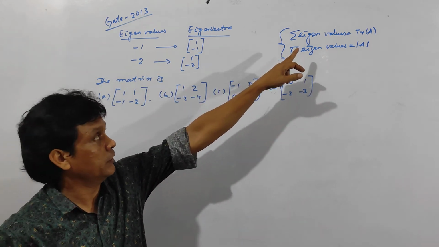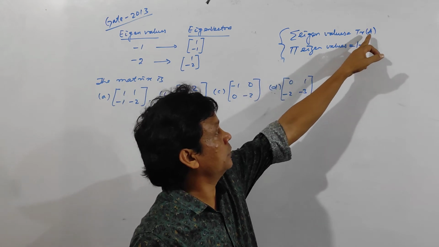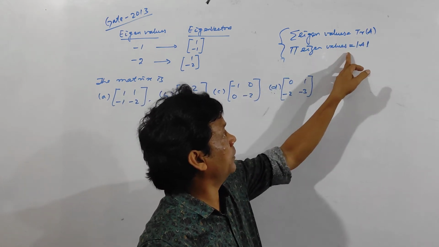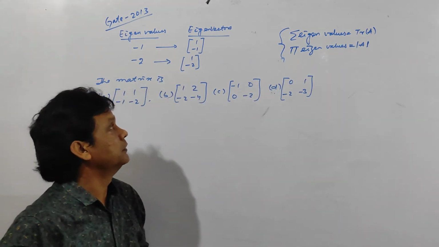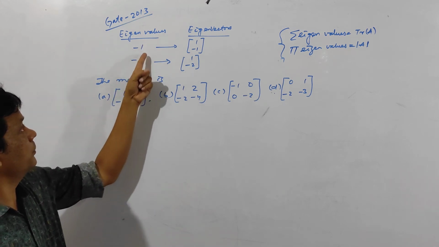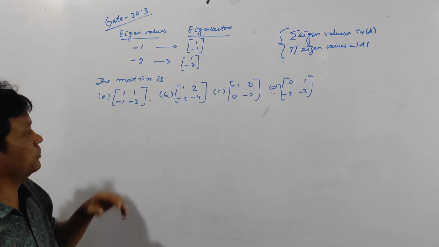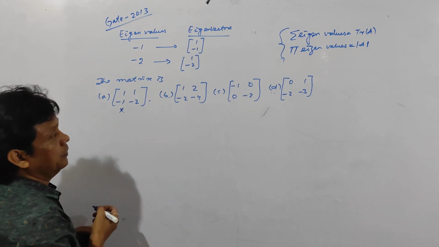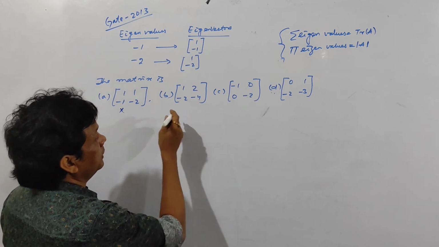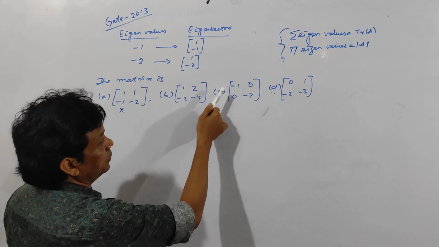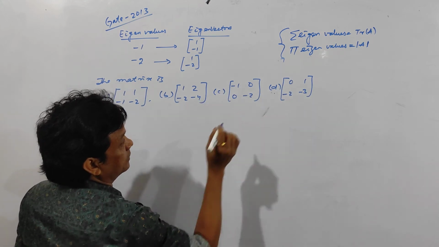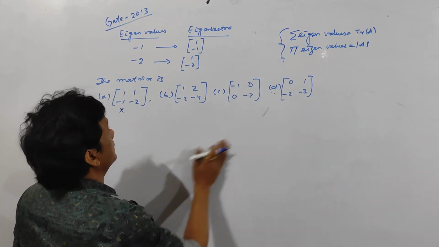Apply these two properties: the sum of the eigenvalues is equal to the trace of A, and the product of the eigenvalues is equal to the determinant of A. So here the sum is minus 3, here the sum is minus 1, so this one cancels out. This is not possible, and this one the sum is minus 3, here also minus 3, here also minus 3. So these are the three possible cases.